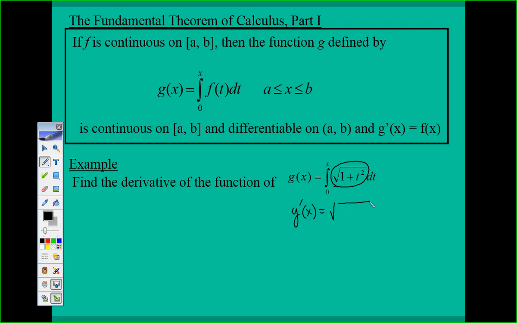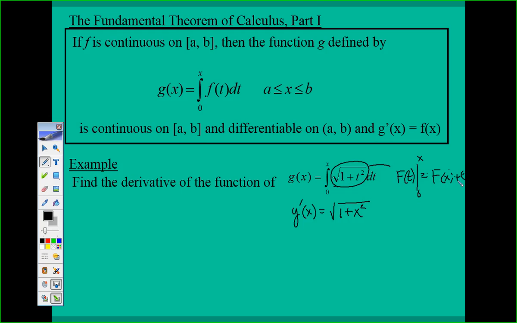So this would be the square root of 1 plus x squared. Because remember, if we take the antiderivative of this, it will give us the antiderivative in terms of x because we'd evaluate it from 0 to x. We would have this antiderivative evaluated from 0 to x. Now this puts it back into terms of x. And of course we'd have some constant of integration plus c.